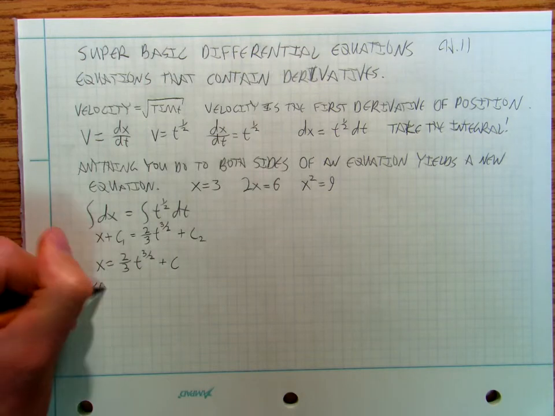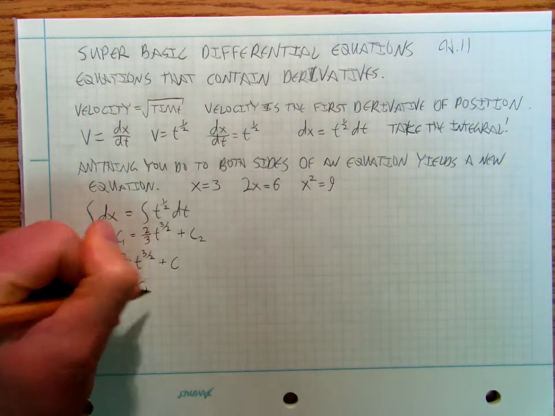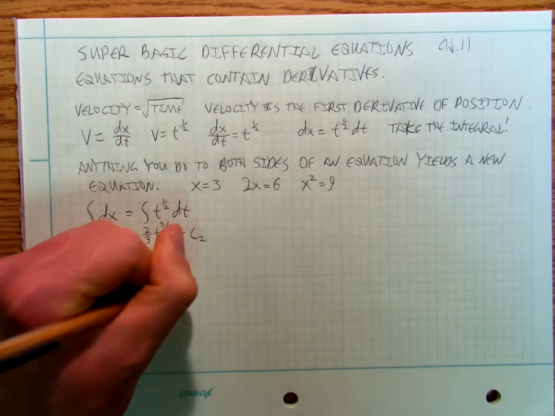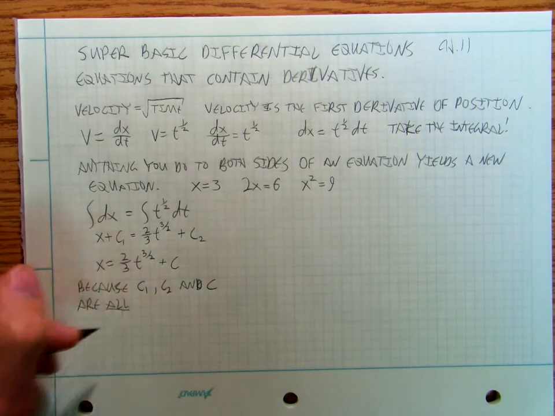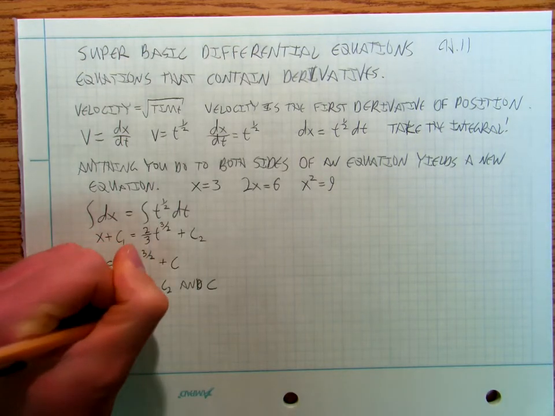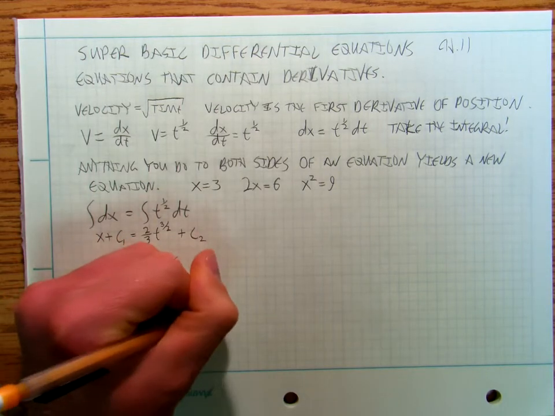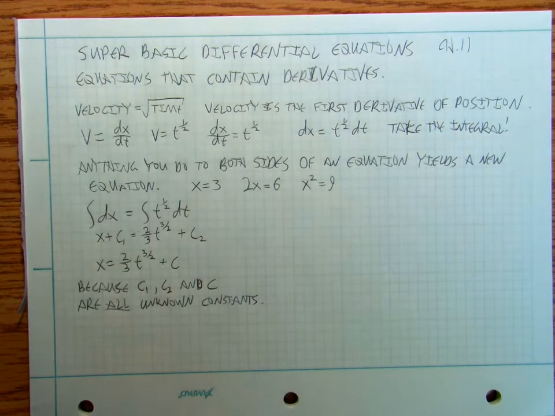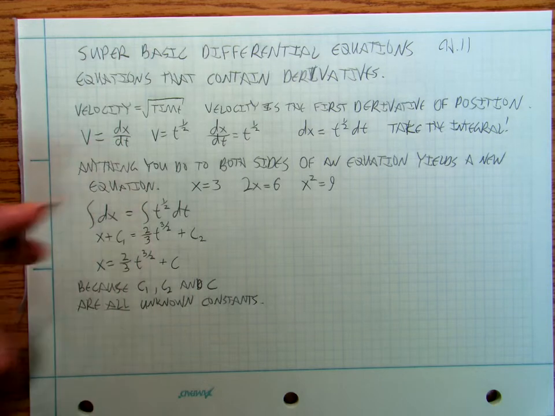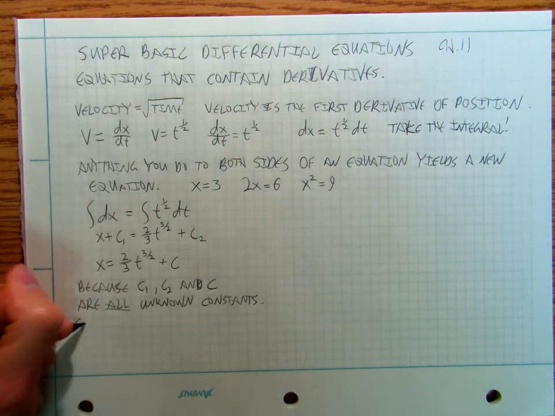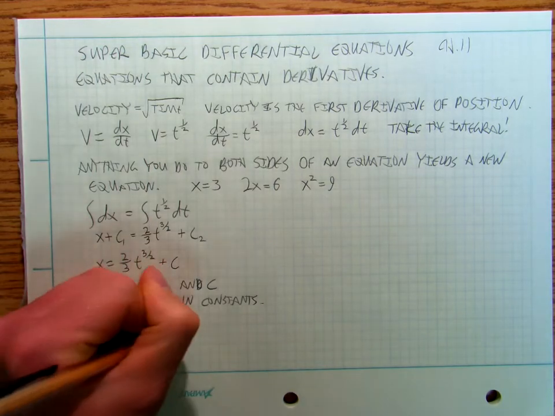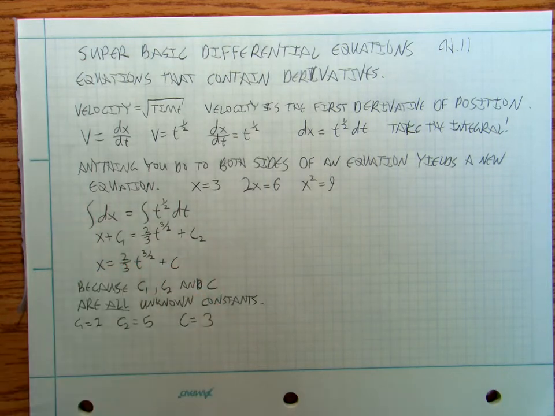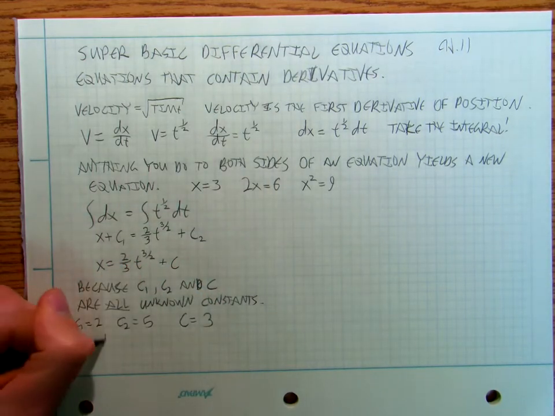Why? Well, C1, C2, and C are all constants. So let's say C1 is equal to 2 and C2 is equal to 5. Well, then I could just say that C equals 3.